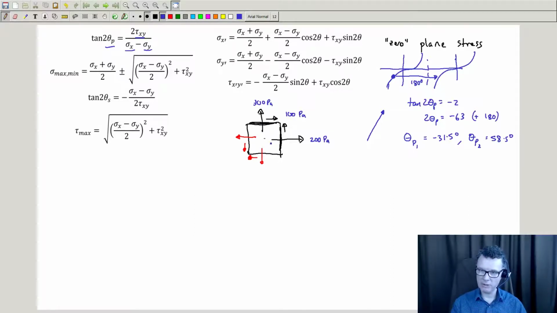And normally we like to take the 0 degrees to be going in the east direction. So here 58 degrees is really the one I want, isn't it? So it's 58.5 degrees. So that will be, taking all these forces together, the main direction things are being, in this case, pulled apart.